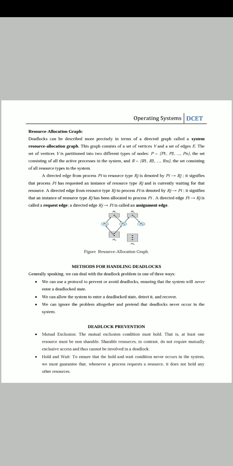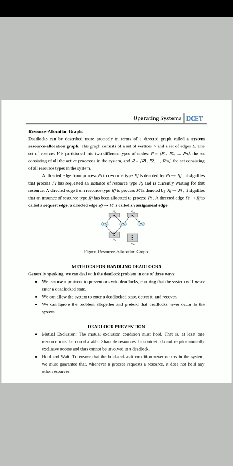A request edge is always from process towards the resource. But the assignment edge is the reverse. The assignment edge will be from resource to process. I repeat, a request edge will always be from process to resource, and an assignment edge will always be from resource to process. Any process can request any number of resources.